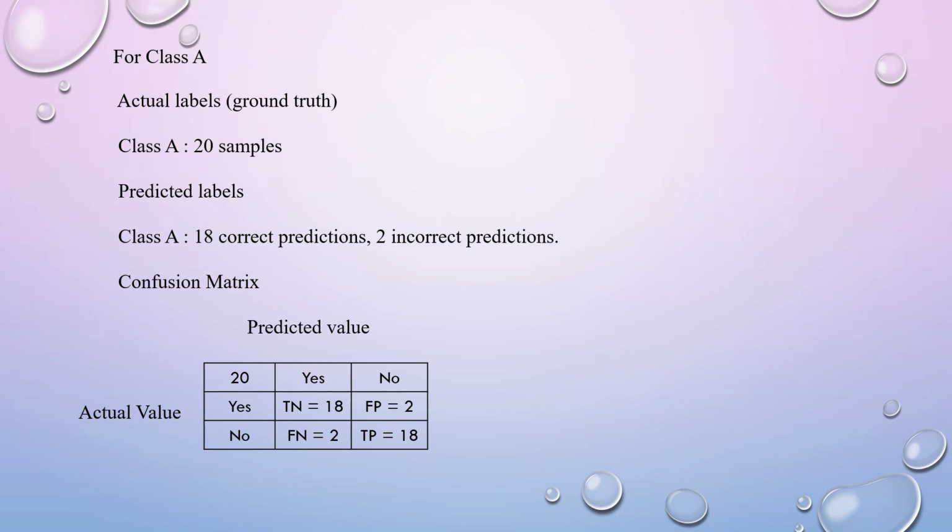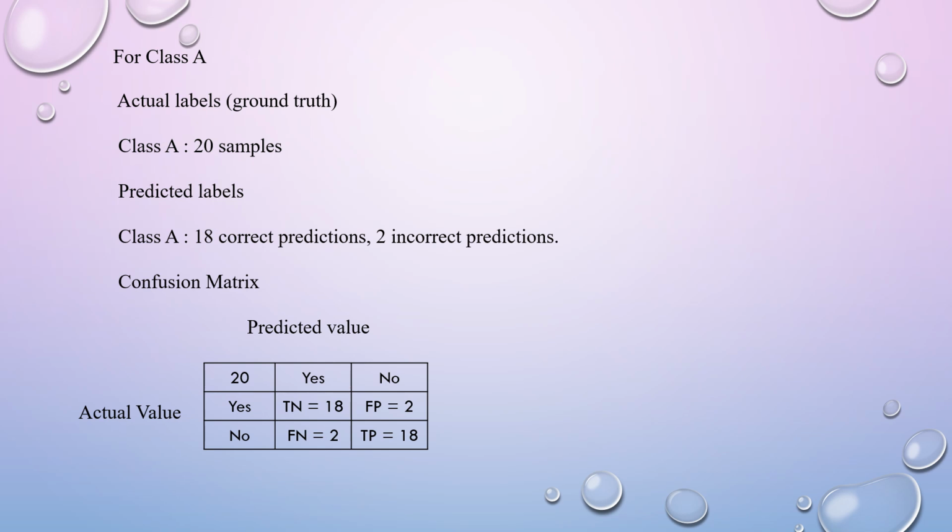So here we draw the confusion matrix for class A. In the question, actual labels and predicted labels are given. For class A, 20 samples are given. Predicted values are for class A, 18 correct predictions and 2 incorrect predictions.